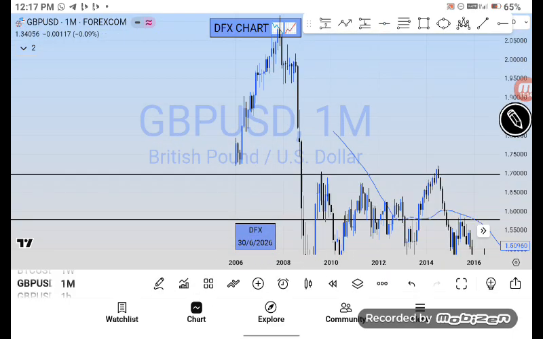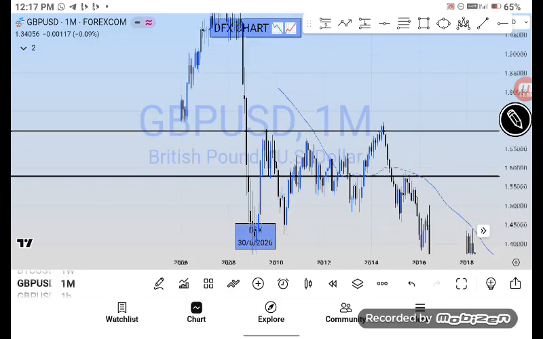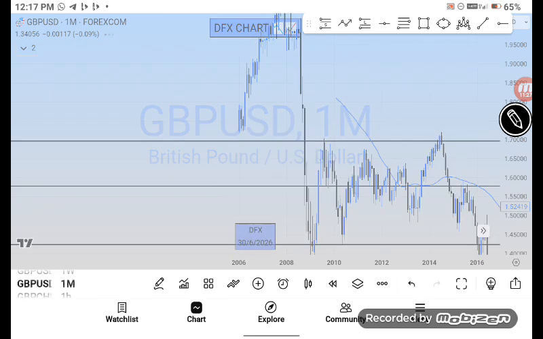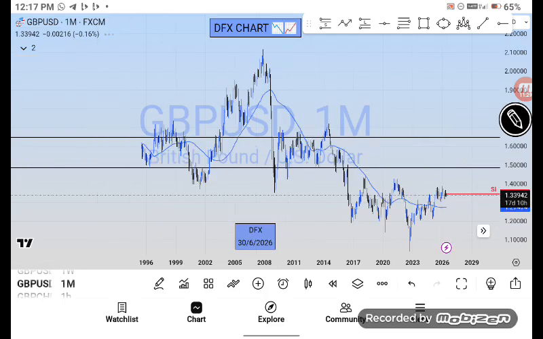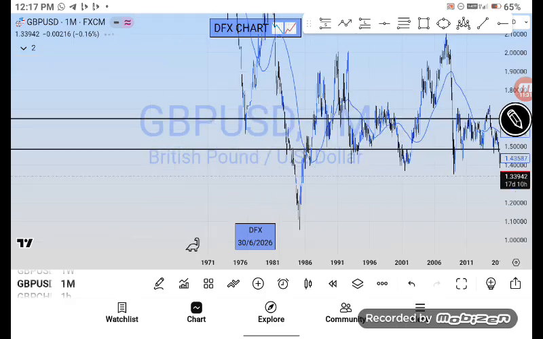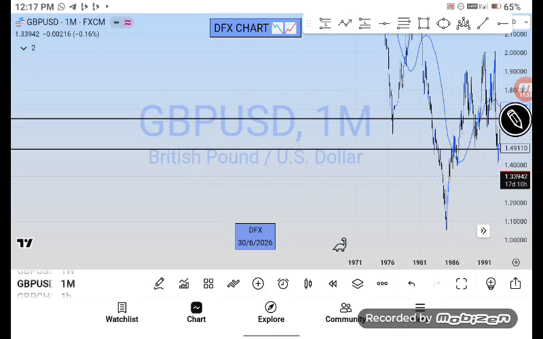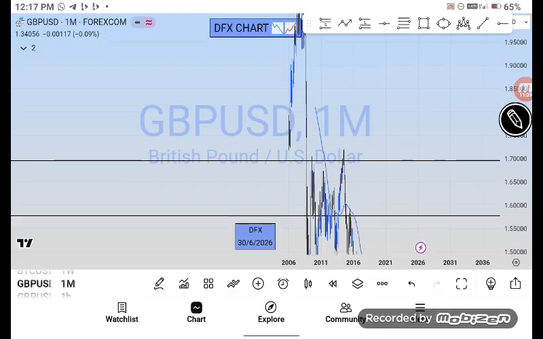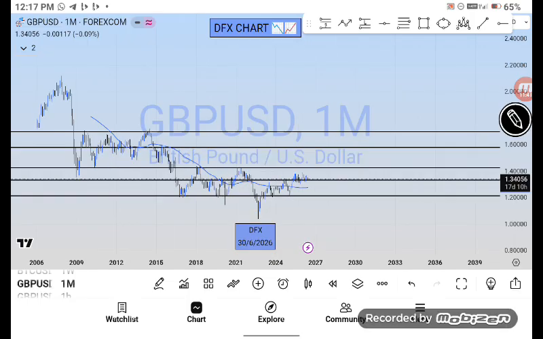Actually, forex.com is not showing me the older charts, unlike FXM. FXM shows me back to year 1971, while forex.com only shows up to year 2006. Wow, what a gap.